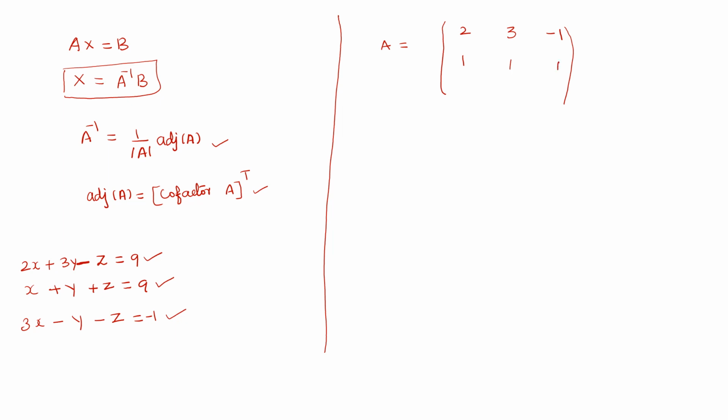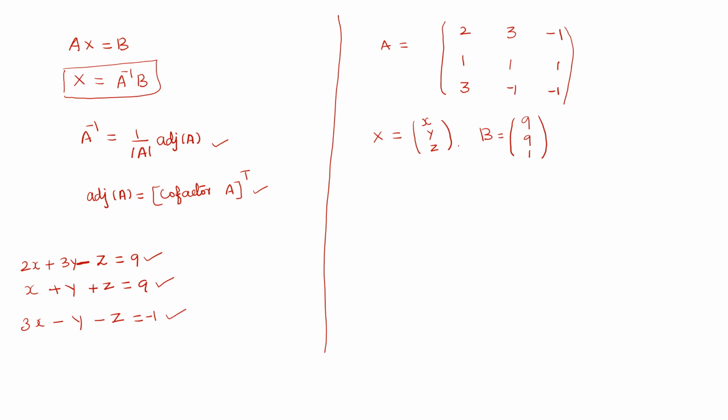Similarly, third equation, the coefficient of x is 3, y is -1, z is -1. And X is the variable matrix x, y, z, and the b value is the constant matrix, 9, 9, and -1.